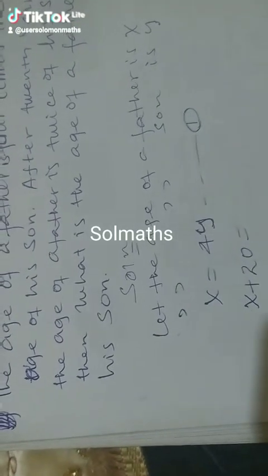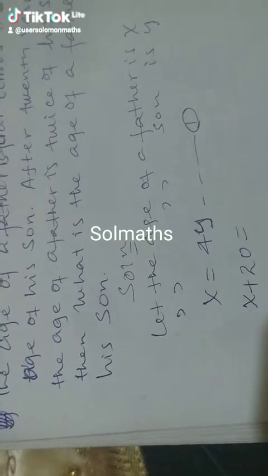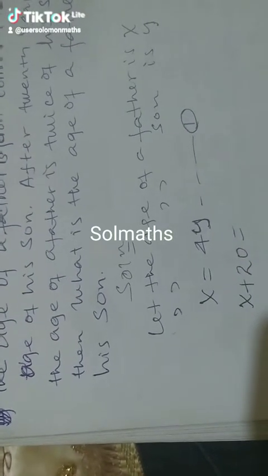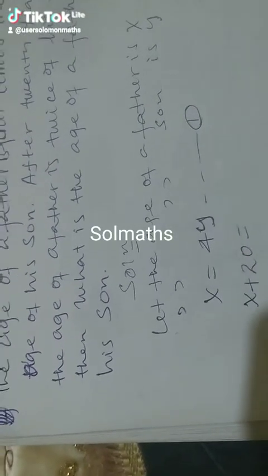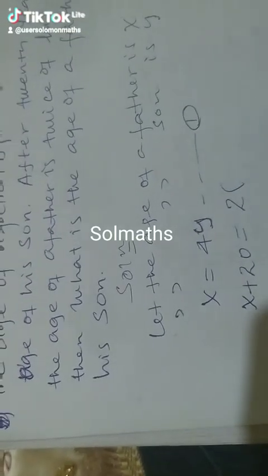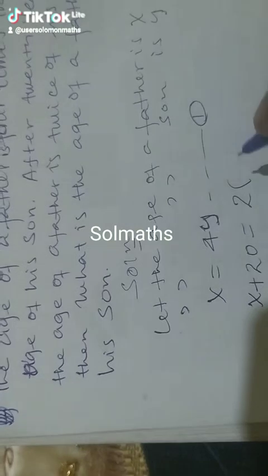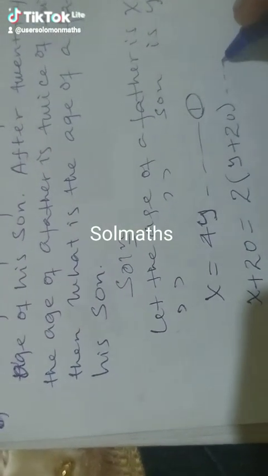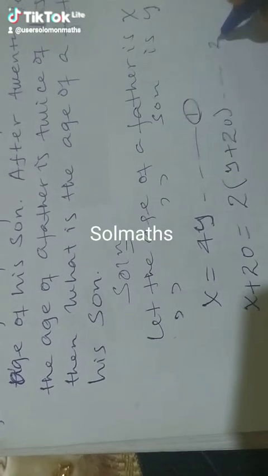Similarly, the age of his son will be Y plus 20. But the question says, after 20 years, the age of a father is 2 times the age of his son. The age of his son after 20 years is Y plus 20. So we have got another equation.